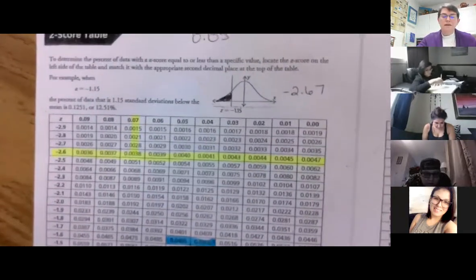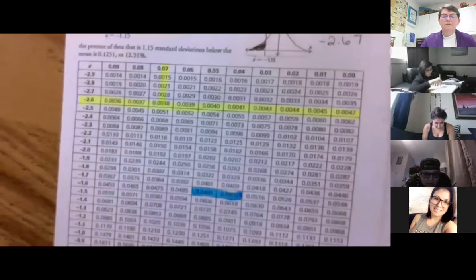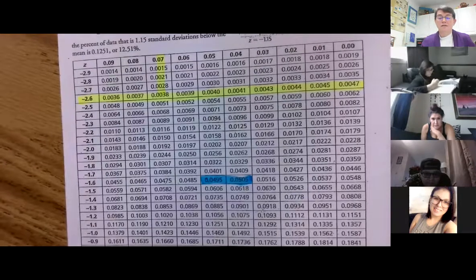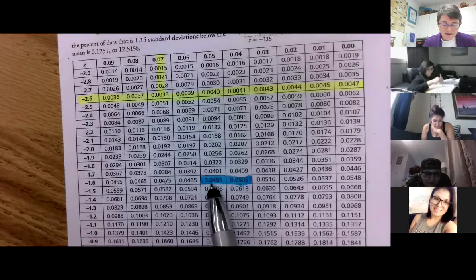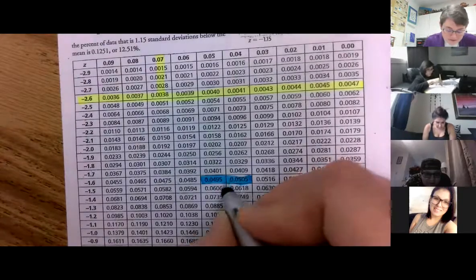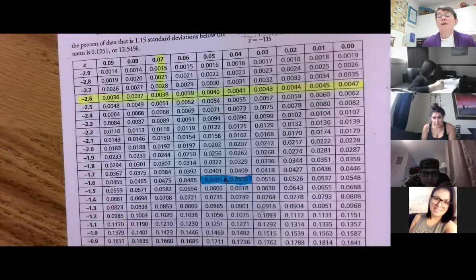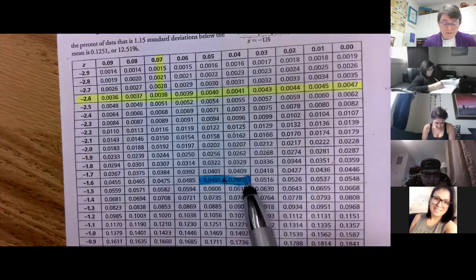Now, this one's silly. You look on our Z-score table. The number we need is exactly in the middle. If you use this number, I'll mark it right. If you use that number, I'll mark it right. It doesn't matter to me because with 5%, we're really in there.